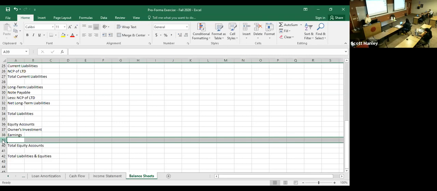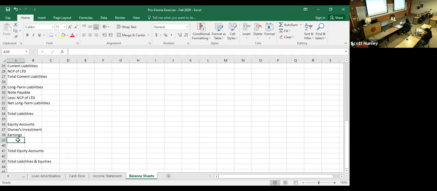And where does equity go to? It gets distributed to the owners. When we distribute it, we call it an owner's draw because my business is a sole proprietorship. Your business may vary.